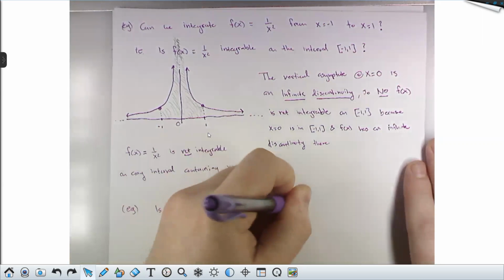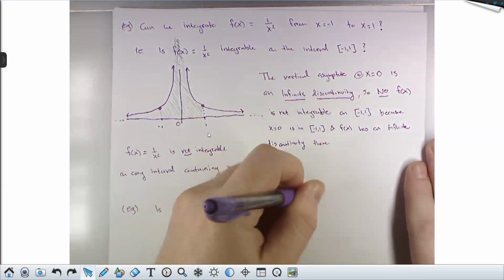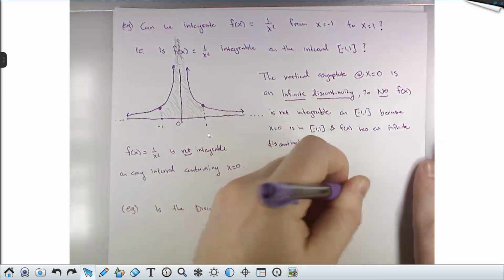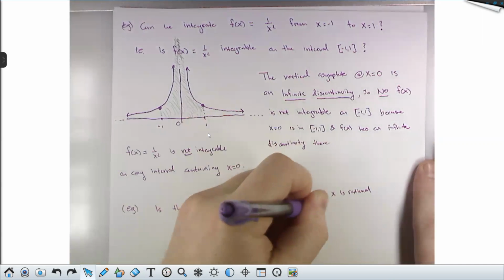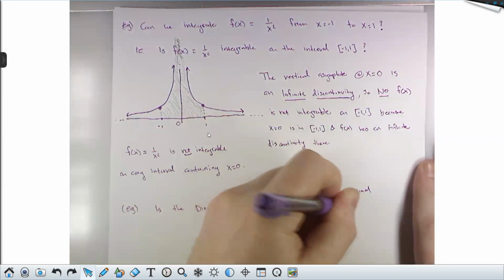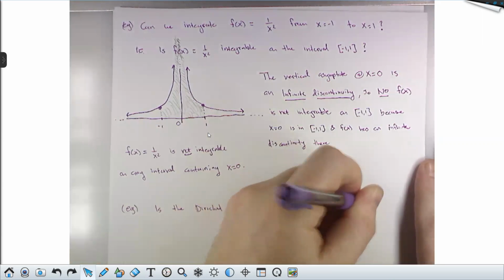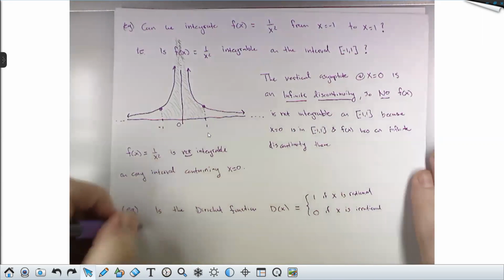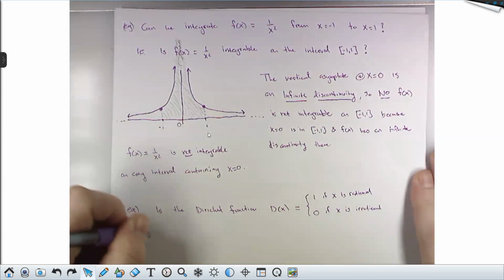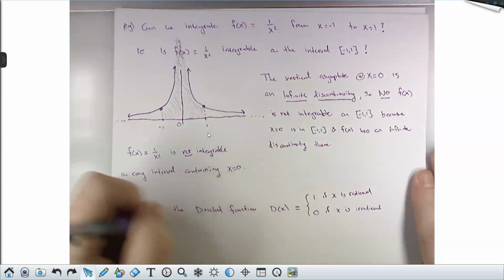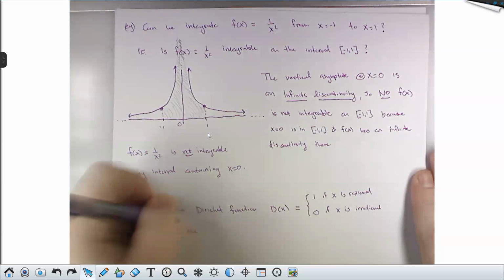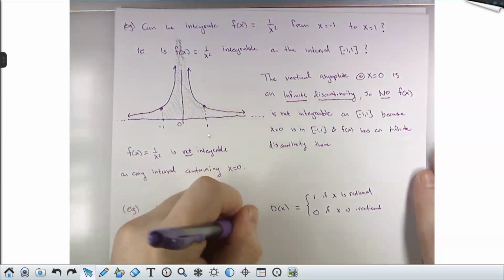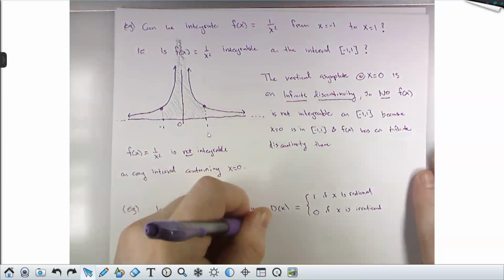D of x is equal to 1 if x is rational, and 0 if x is irrational. Is this integrable? Let's say on the interval, you could use any interval, but let's say interval 0 to 2.